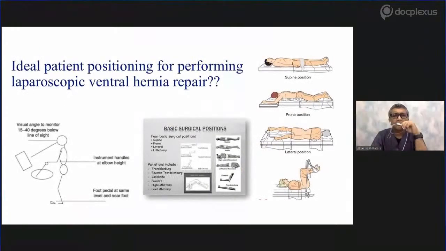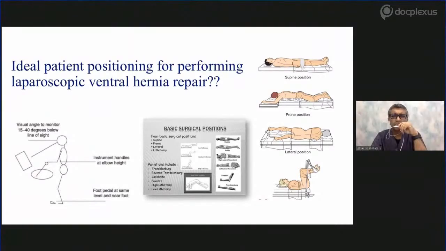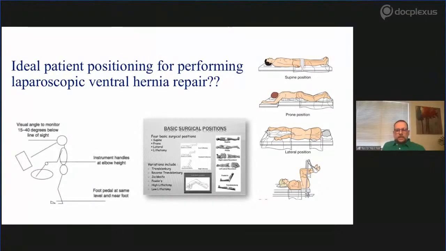Okay. Now, Dr. Flavio, it's a simple question, but what is the ideal patient position for performing the laparoscopic ventral hernia repair? I think it depends on the repair that has been done. The traditional lateral approach works well for the midline hernias.